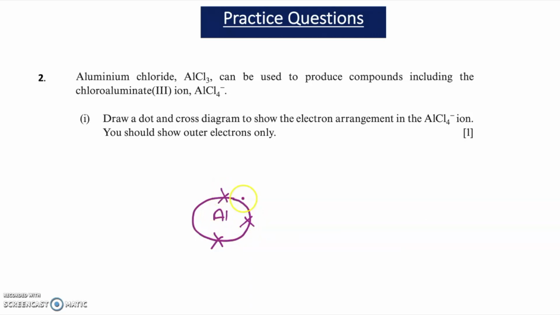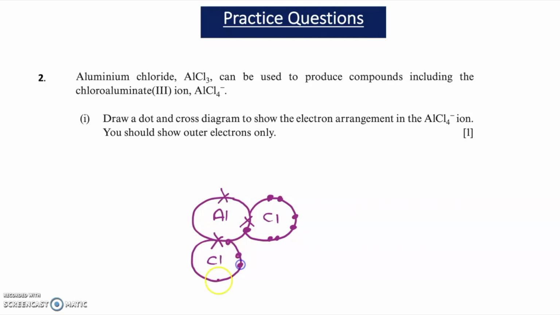So I'm drawing an atom of aluminium here, and aluminium's got 3 electrons in its outer shell, and I'm forming covalent bonds to chlorines here, and I'm only going to put in the outer electrons for both aluminium and chlorine. So I'm doing a dot and cross diagram here to show the bonding that is present.